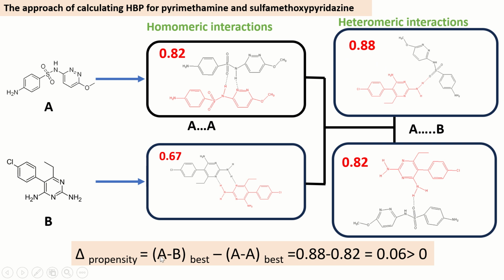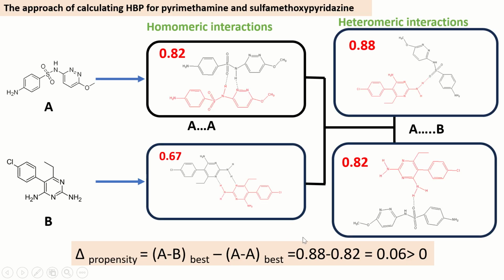So their delta AB best, which means their best heteromeric hydrogen bond propensity minus the AA best, the best homomeric hydrogen bond propensity. And in our case, sulfamethoxypyridazine and pyrimethamine, their heteromeric hydrogen bond propensities are obviously 0.82, 0.88.